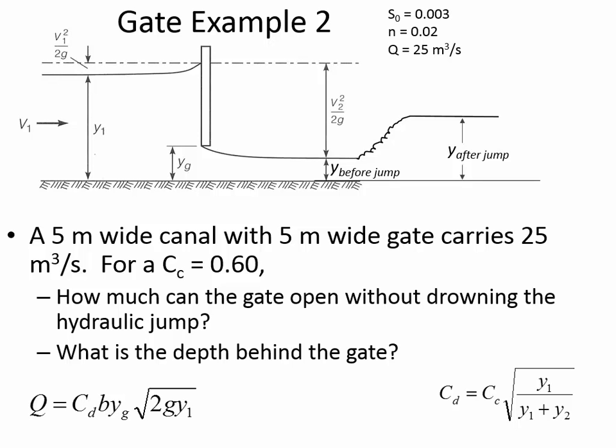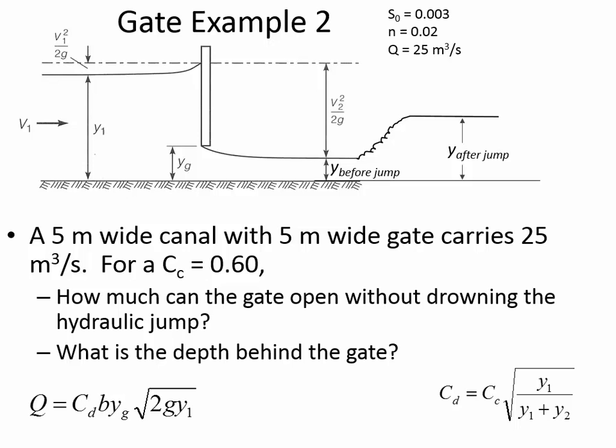The n value is 0.02, and the coefficient of contraction is 0.6. C sub c is 0.60.